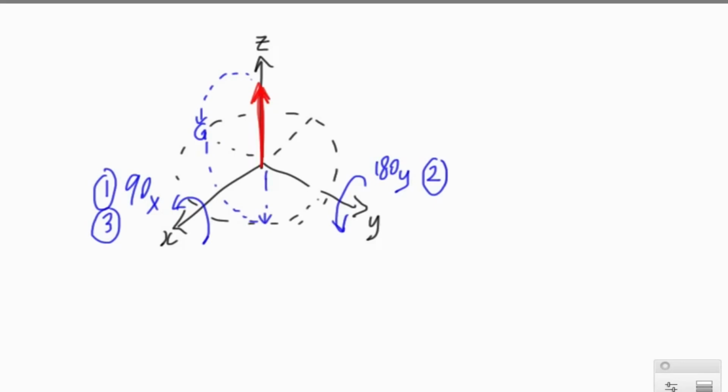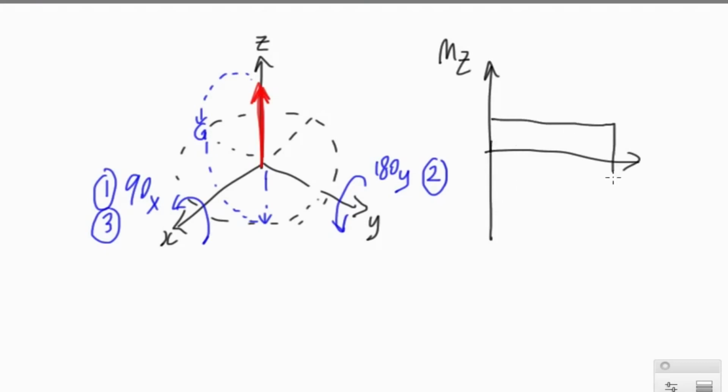So you see that the trajectory of z magnetization, if we plotted mz against time, during the sequence of the 90x, 180y, 90x pulse, it would initially be along the z-axis.